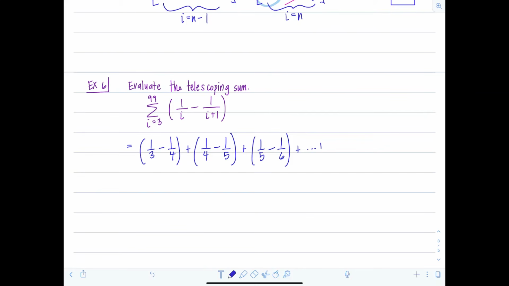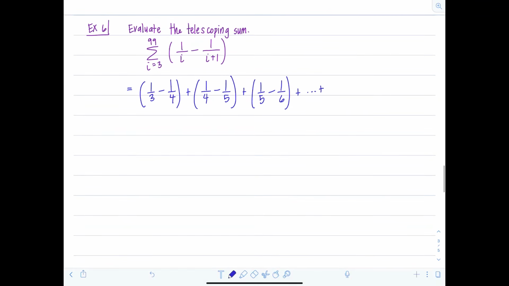And then the last few terms are going to be, well, I end at 99, so let's do the last 3 terms again. So we'll have 1 over 97 minus 1 over 98, plus 1 over 98 minus 1 over 99, plus 1 over 99 minus 1 over 100.